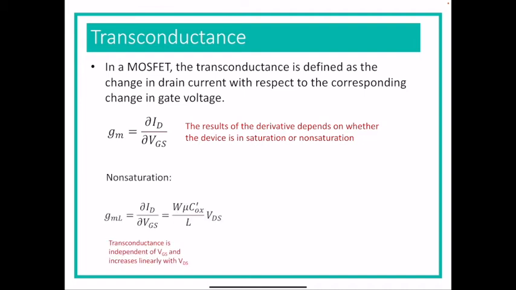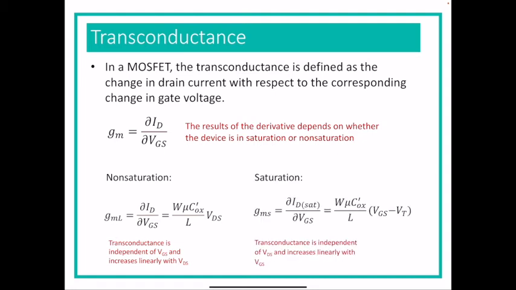For non-saturation, when the derivative of the ID equation is taken, we get a transconductance that only depends on VDS and is a linear equation. Notice VDS is not squared or anything. In saturation, VDS has no effect on the transconductance, and it increases linearly as VGS increases. So those two are different depending on if you're in saturation or non-saturation.